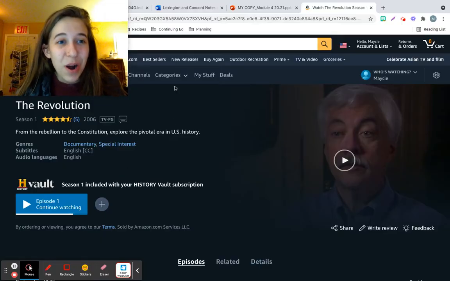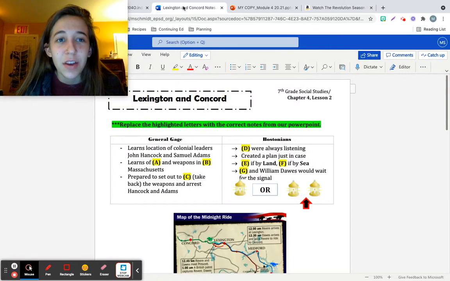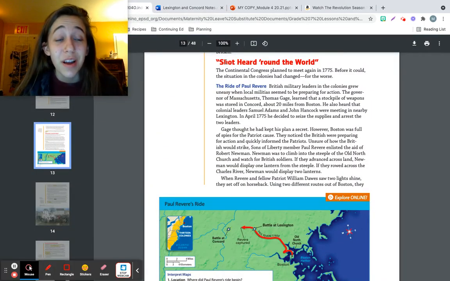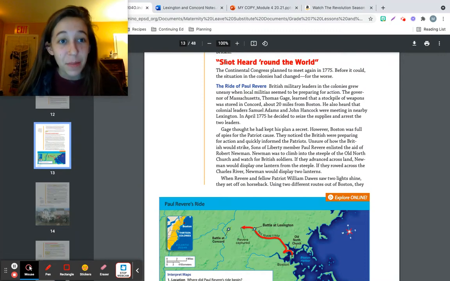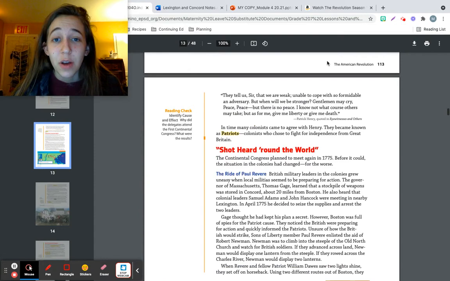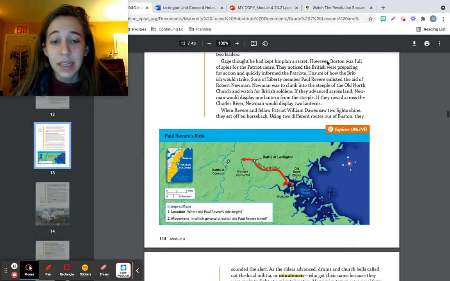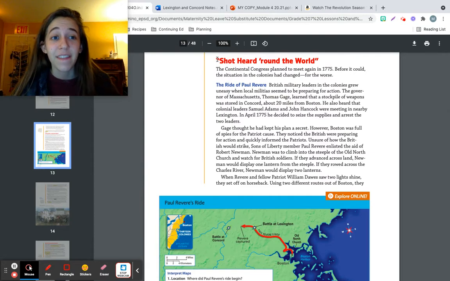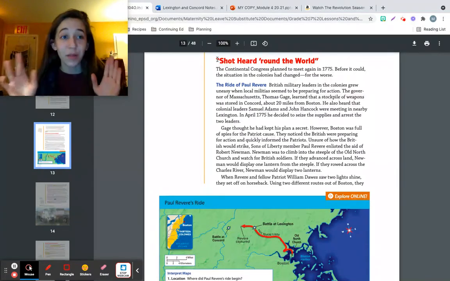So what we just watched was a review or just a description of that first battle, the Battle of Lexington. And as you can see here in our textbook, we're on page 114. Lexington is where that phrase, the shot heard round the world, comes from.